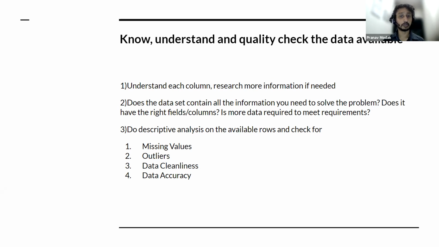Data cleanliness: the formatting of your data is pretty important. For example, spelling mistakes can happen, especially when you're dealing with text data. In that case, you may want to use tools like Tableau Prep, which is a good tool to make sure that you don't have duplicate information. And definitely the last one is data accuracy.